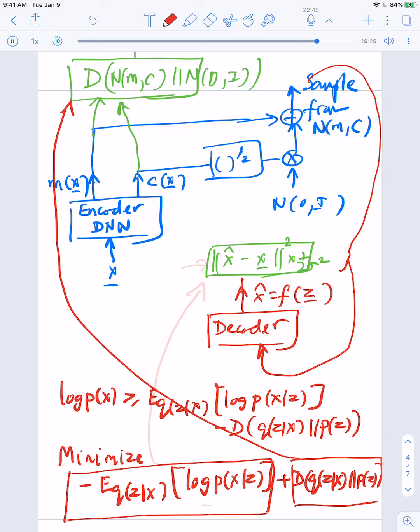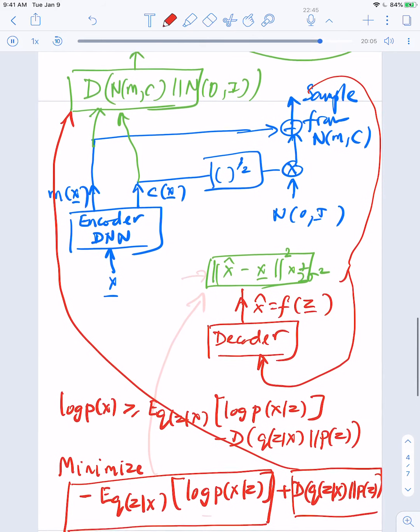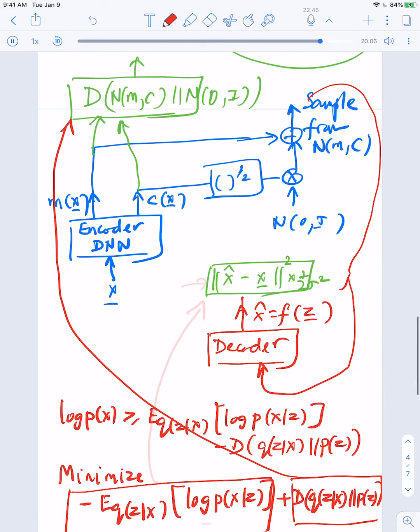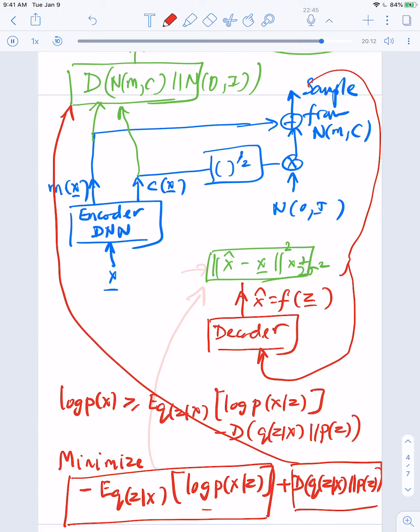And then this term, if I'm saying that the output of the decoder is Gaussian with mean f of z and variance sigma squared per dimension. And look what happened. This expected value Q of z given x, meaning I go through the encoder, produce a z, and then I pass that z through this decoder, and then I get the negative of the log of the Gaussian density that I'm assuming at the output of the decoder, and that gives me this term, right?